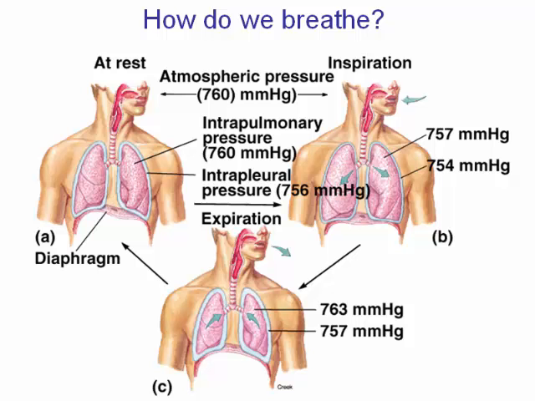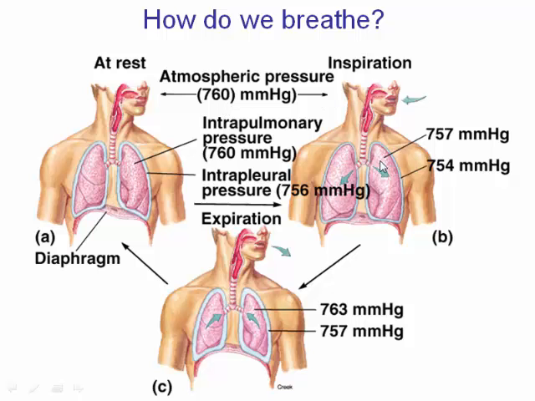So if we increase the volume of the lungs in this case, what happens to this number, 760? It was 760, now it's 757. So we increase the volume, we decrease the pressure. The outside is still 760, right? Inside is 757.